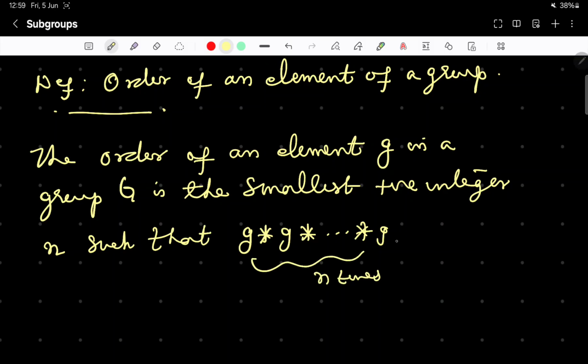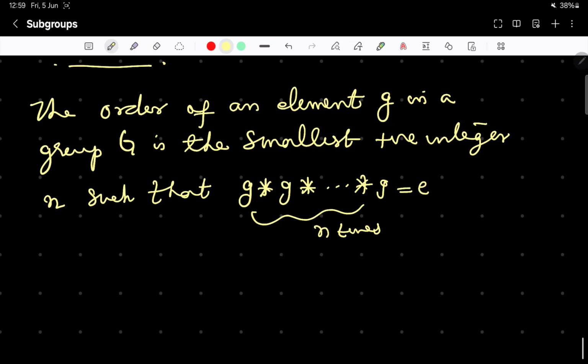We can rewrite the same thing in notation as g star g up to n times equal to e, or we can write g raised to n is equal to e.